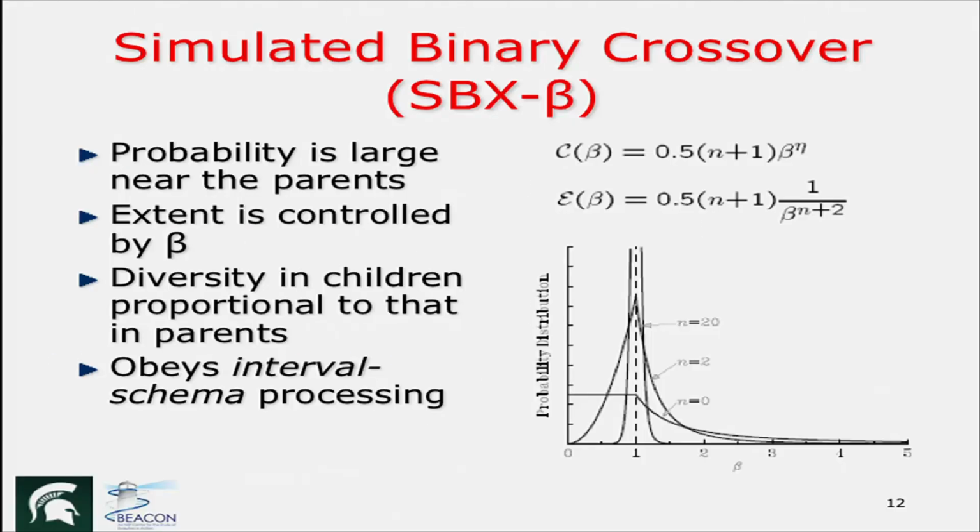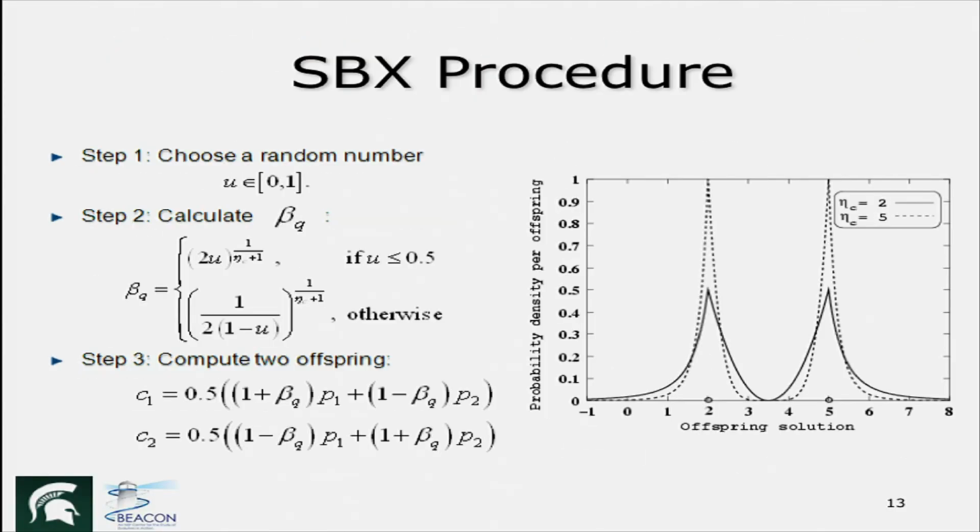Okay. All right. This is a very important slide. All this is theory. All this is to motivate how all these have come by following the binary coded crossover. But if you have to implement this, it's very simple. You create a random number between 0 and 1. Compute this quantity beta q that comes from the polynomial distribution that I have talked about. It depends on the random number you've created and the eta c you have chosen.